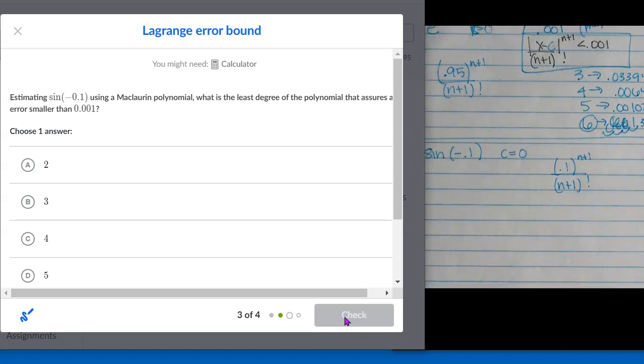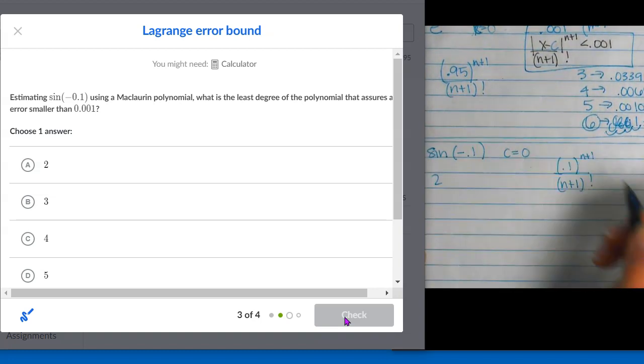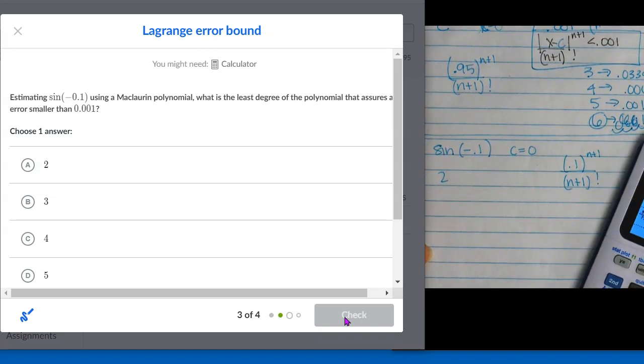And so start with 2. Does that fit in my thing? Yes. So 2 is going to be, fraction again, 0.1 to the third over 3 factorial. And that's going to have 3 zeros.